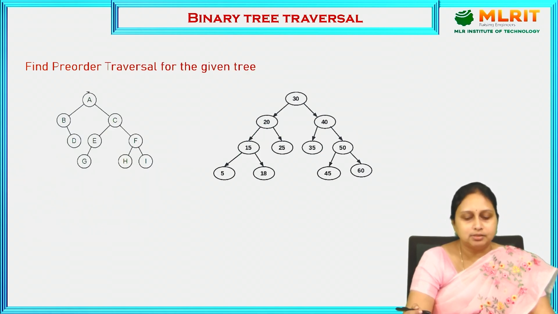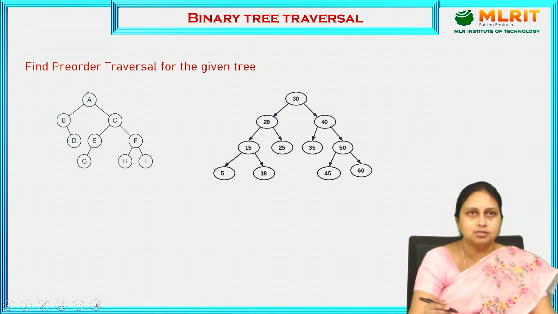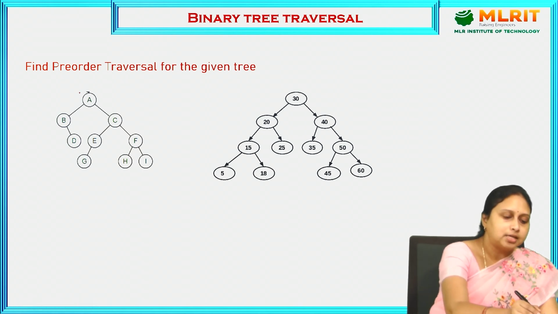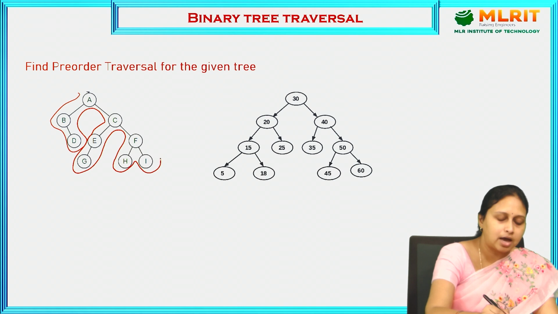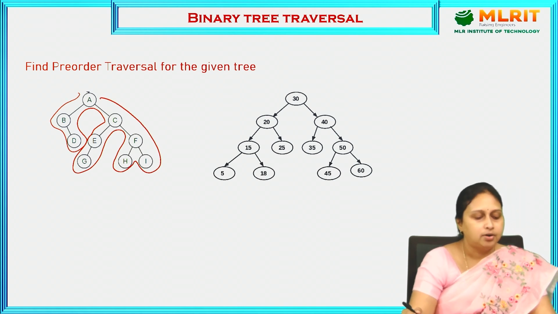And as you can see, we can draw a pre-order traversal for any of these examples and solve them. Yes, I am going to start from A, B, D, C, E, F, or C already visited, F, H, I and A. Right? Whether it is correct or not, you can check.